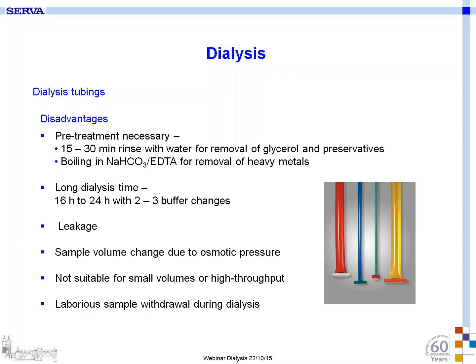You have a significant sample volume change due to osmotic pressure, and you can't really handle small volumes, and they are not very suitable for high throughput analysis. That means for the simultaneous dialysis of a high number of samples, which might be interesting for screening experiments and other applications. And if you want to monitor your dialysis or remove samples for other tests during the dialysis, this is very laborious as well.